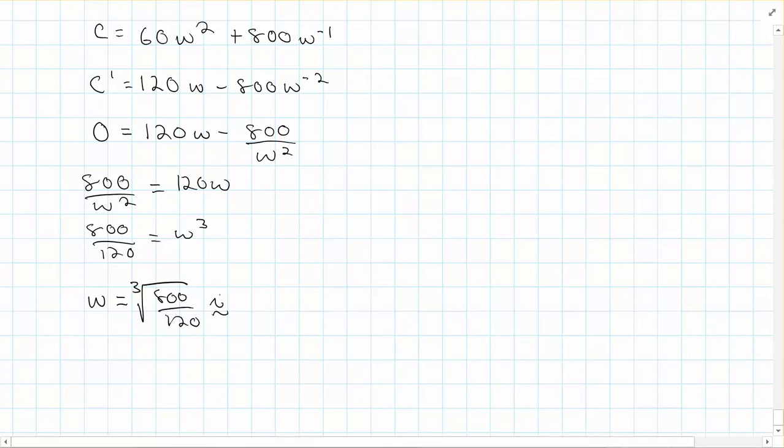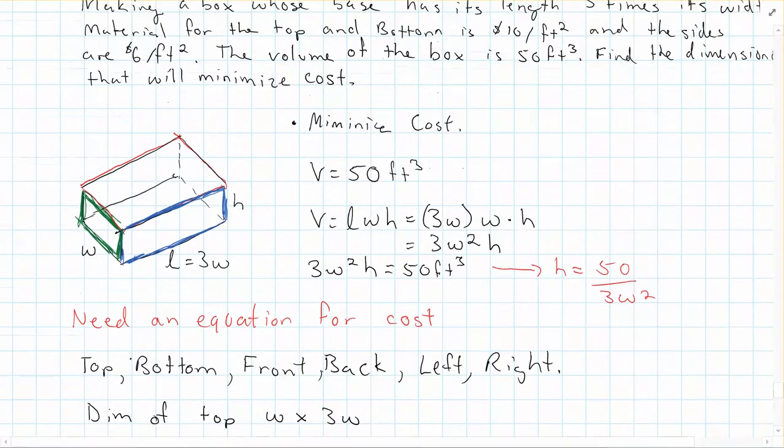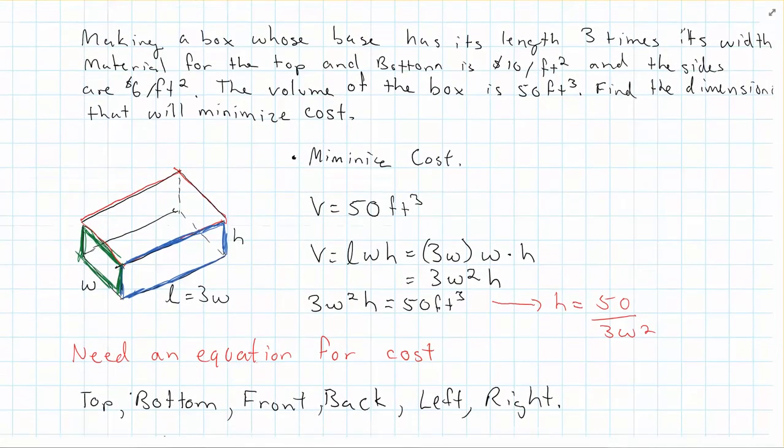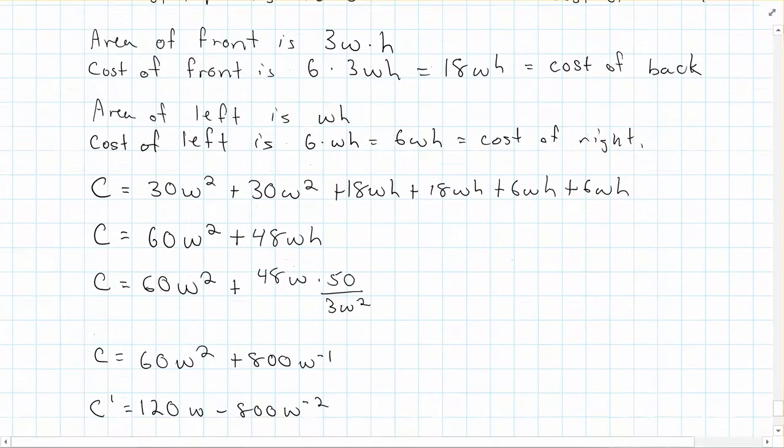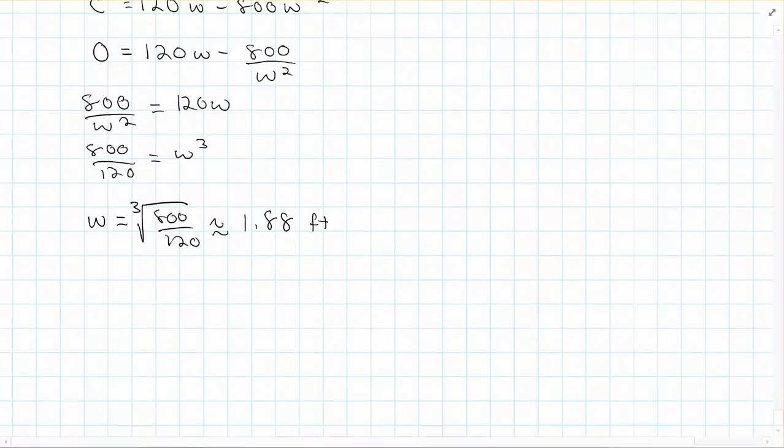Just punching it into my calculator here. And I get that this is approximately 1.88, and my units are in feet for W. Now, I'm just scrolling back here to see what we're trying to find: the dimensions that minimize the cost. So we have W is equal to 1.88.